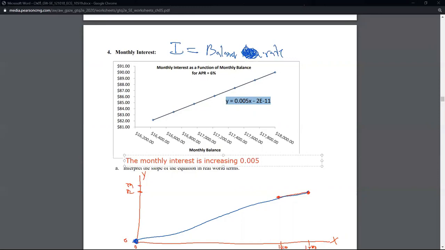Now that's measured in dollars. Interest is measured in dollars, so it's increasing by $0.005 per.